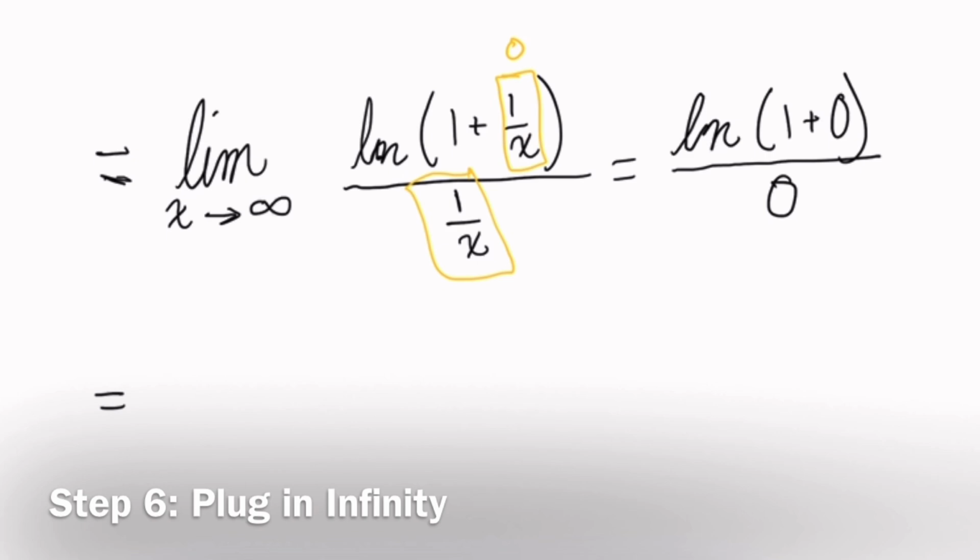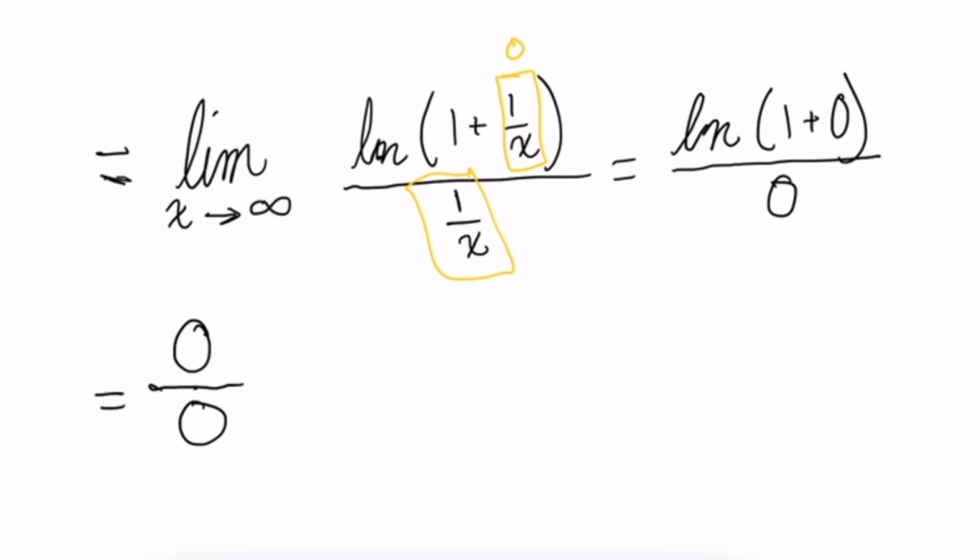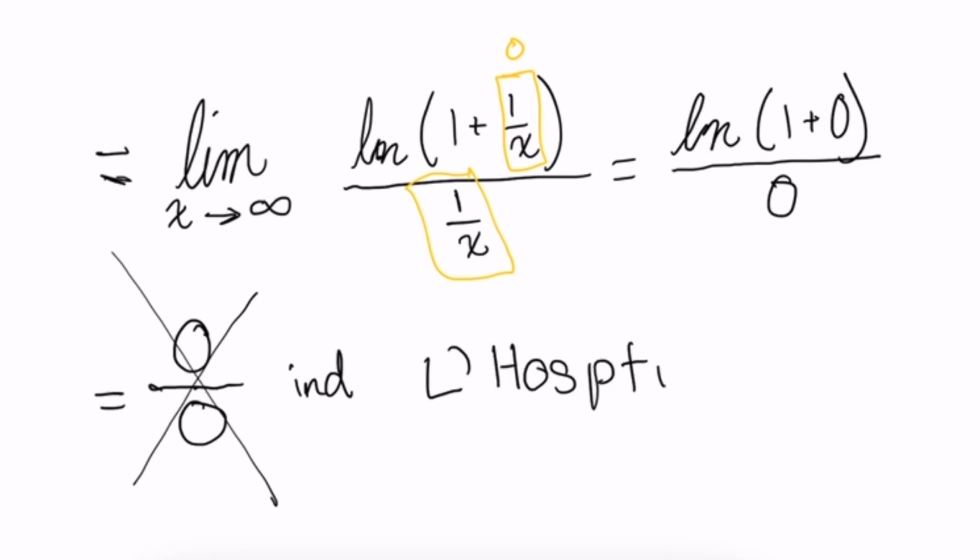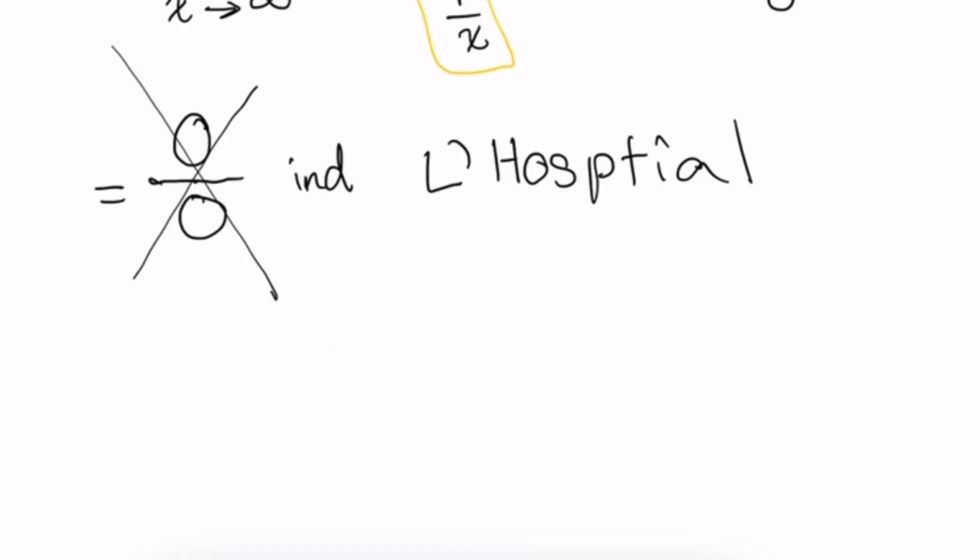Natural log of 1 is also 0. So you get 0 over 0. This right there is an indeterminate. And then we use L'Hopital, also known as El Hospital. It's probably spelled wrong. Let's use L'Hopital.